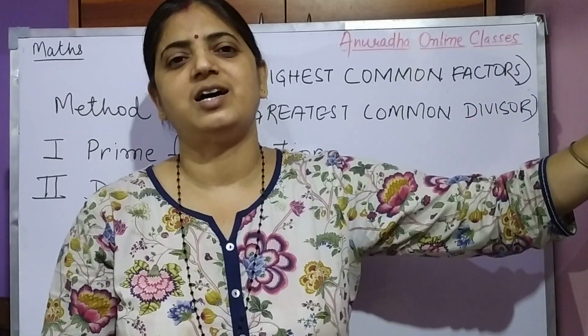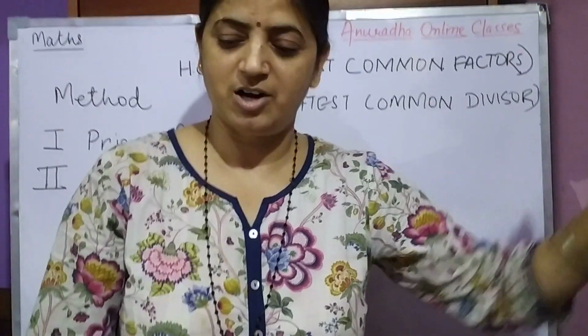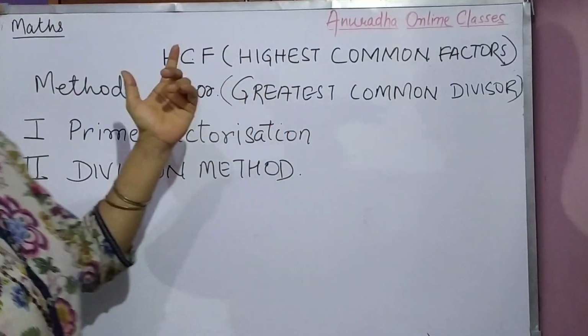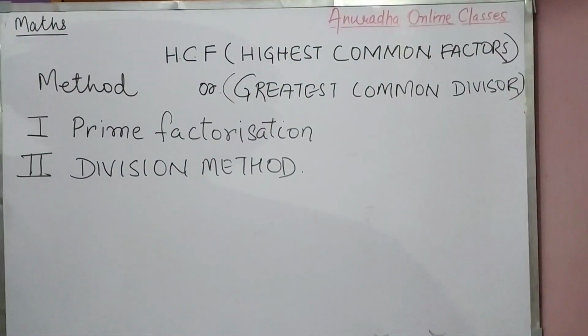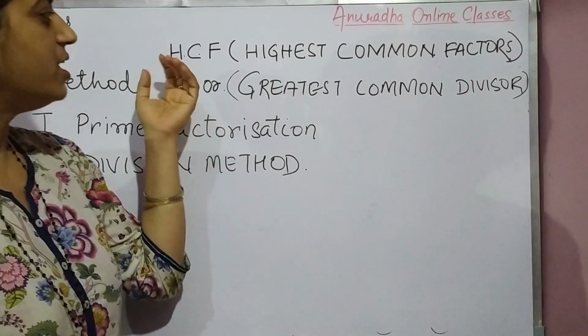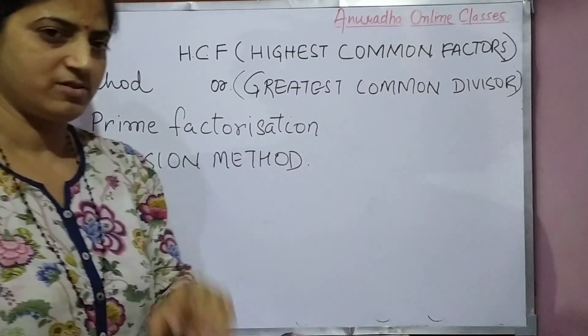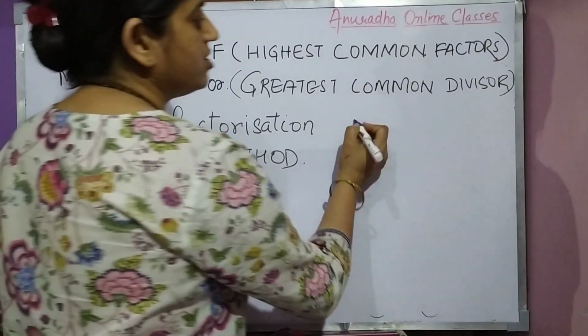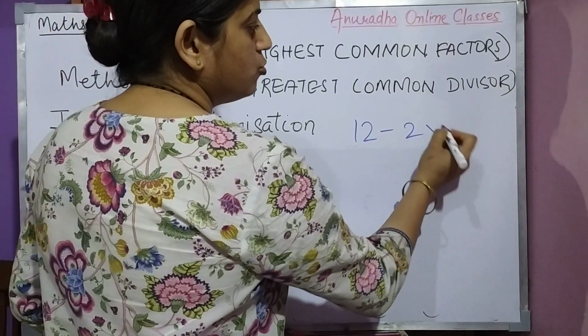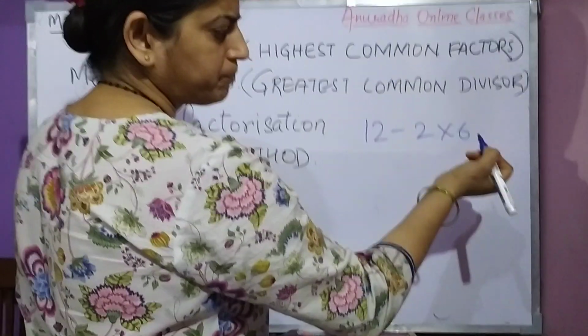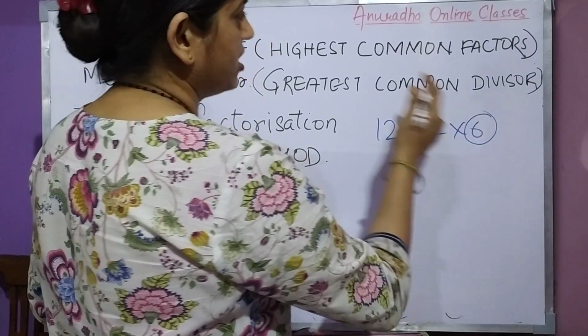So let us start with our today's topic, that is HCF, highest common factor. We also call this highest common factor as greatest common divisor. Suppose any number is there like 12, 2 into 6. 6 is the highest common factor.